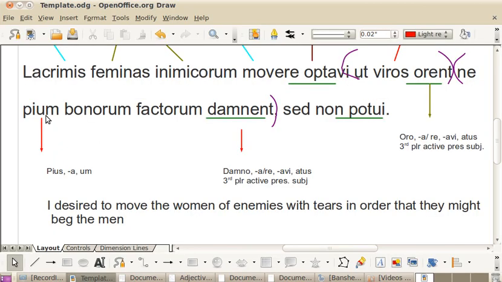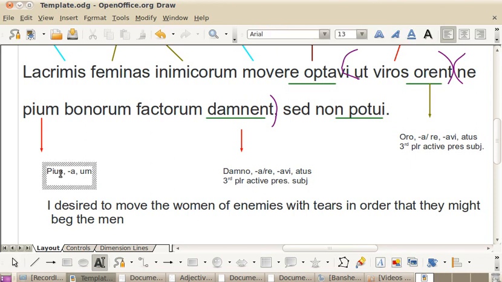So the verb really doesn't admit pium as a neuter singular subject. It needs nominative plural. Of the other two, we don't really need to worry about that just yet, whether it's neuter or accusative, because right now we're looking for a subject of damnant. So we'll come back to pium. If we don't want to have to redo some of our work, we could write down some of the possibilities. We know it's accusative, and it's either masculine or it's neuter.